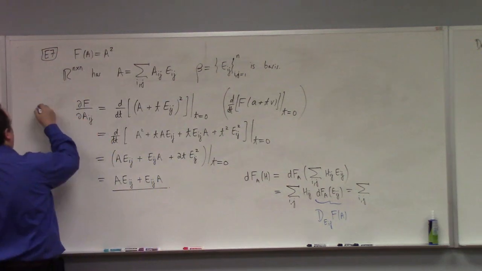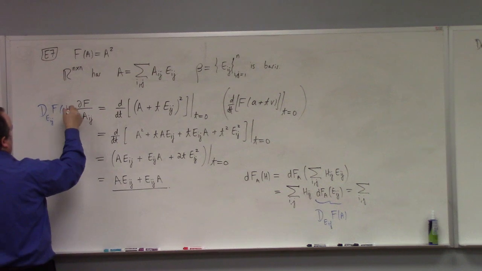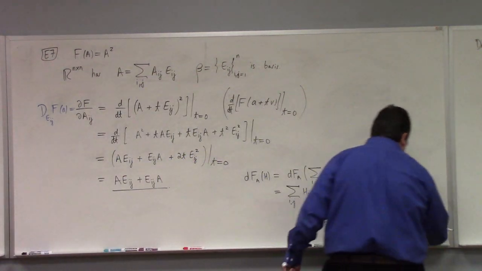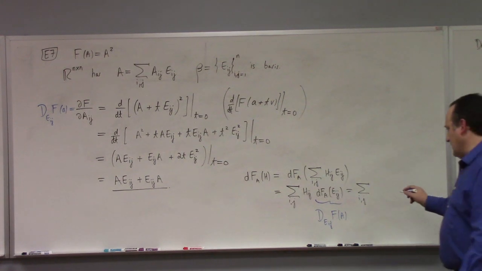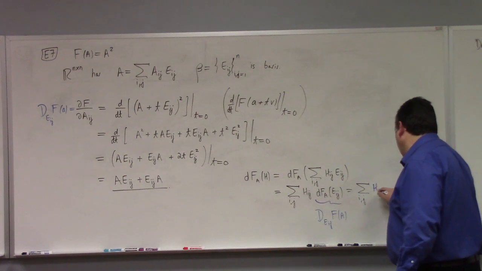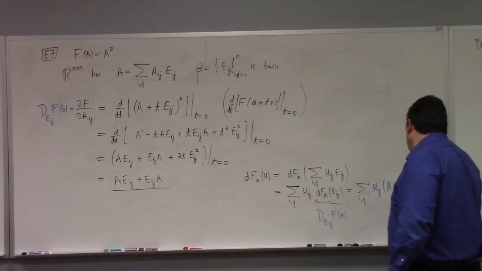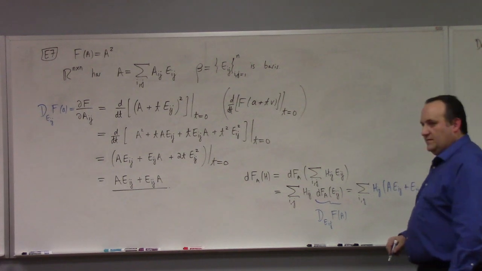That's what a partial derivative is: a directional derivative. So I can replace this with h_ij times A E_ij plus E_ij times A, from the calculation we just did.